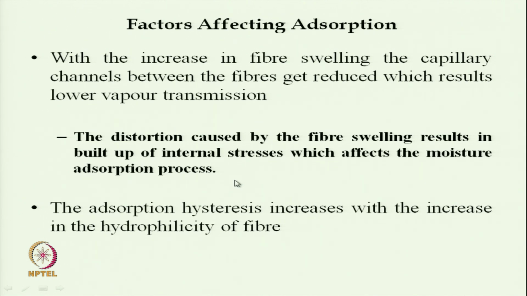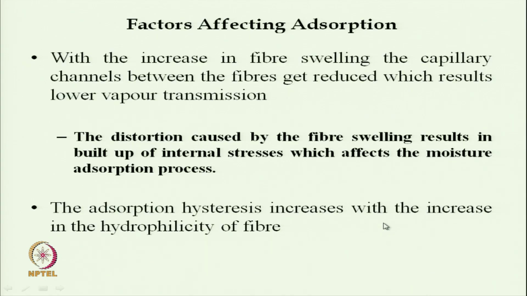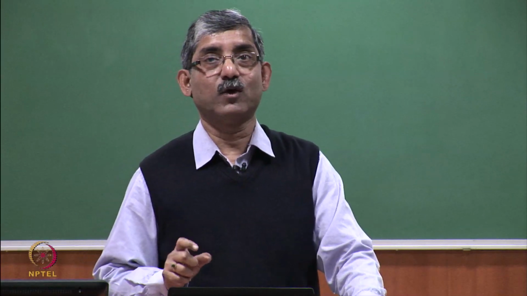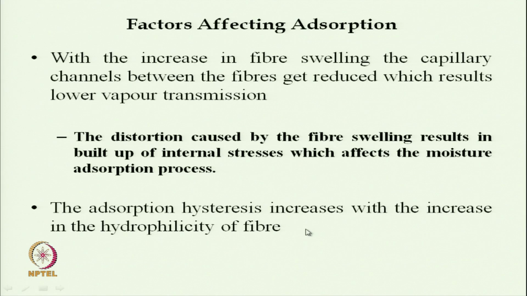This internal stress will affect the free development of moisture on the surface, and the adsorption hysteresis increases with the increase in hydrophilicity of the fiber. Higher hydrophilicity means higher swelling, so this hysteresis will increase.